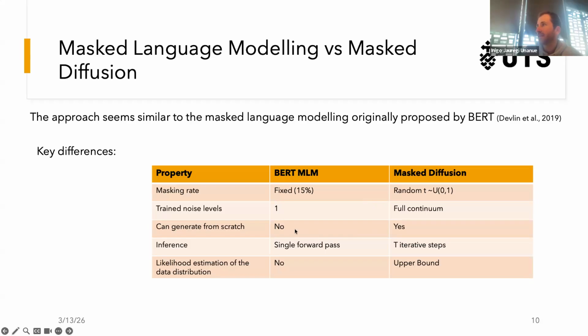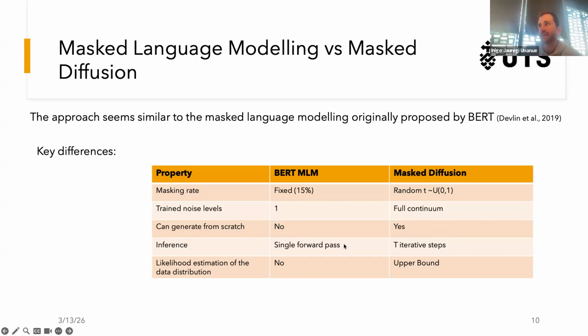BERT is usually trained to learn contextual embeddings mostly, but it can also be used for text generation. Masked language modeling was trained initially more to learn good contextual embeddings, while masked diffusion can generate a sentence from all mask tokens; it can sample a sentence.